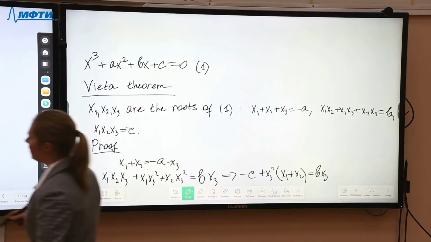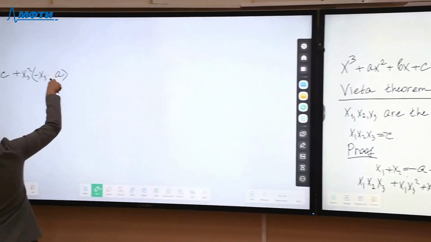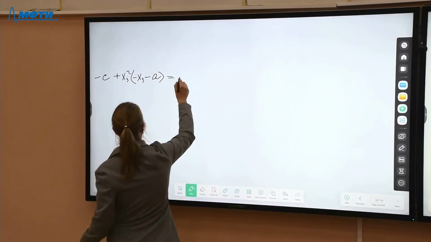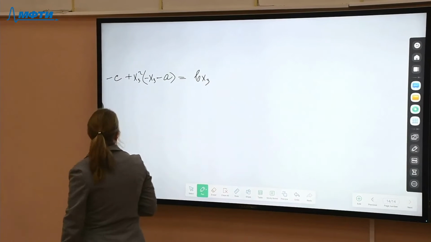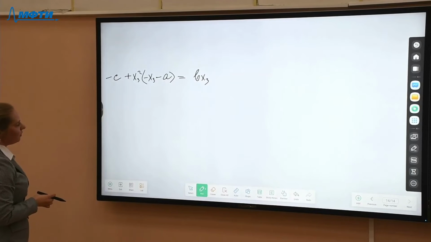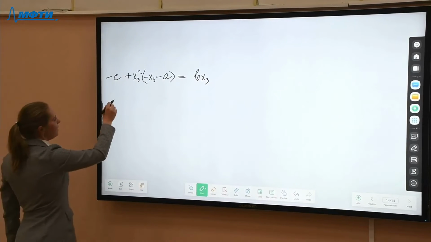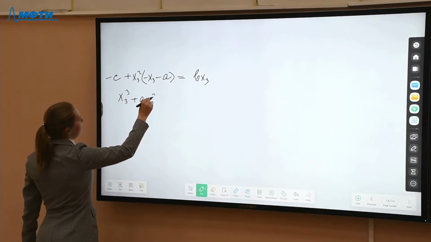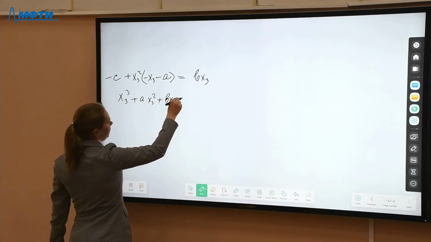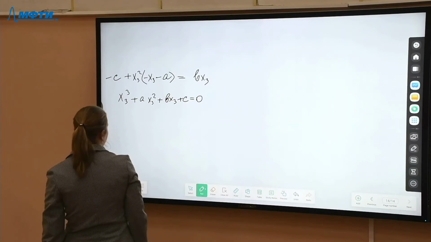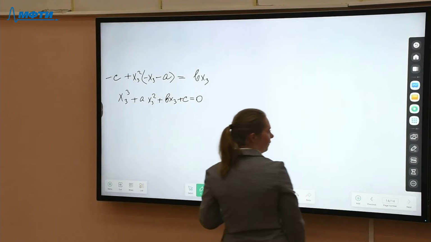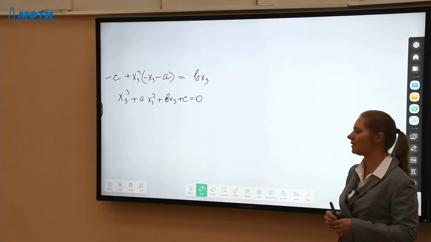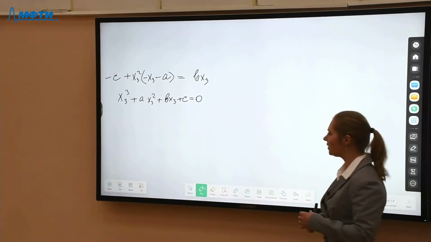So we substitute. Here we have minus x3 minus a, and this is b x3. Now I will open the brackets and take everything to the right side. And I will have that x3 cubed plus a x3 squared plus b x3 plus c is 0. So we have proved that x3 is a root of our equation. The same way we can show that x2 and x1 are also roots of our equation.